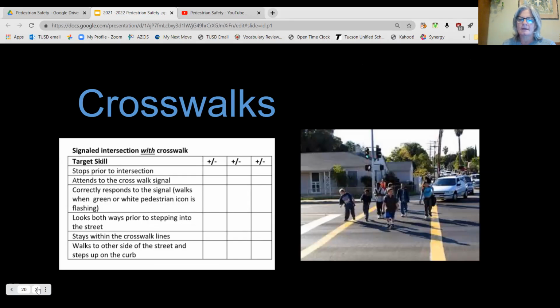Now this is a signal crosswalk. So a signal means there you go, you got a signal that says a green light means go, and the white pedestrian sign, the white man sign, says go.